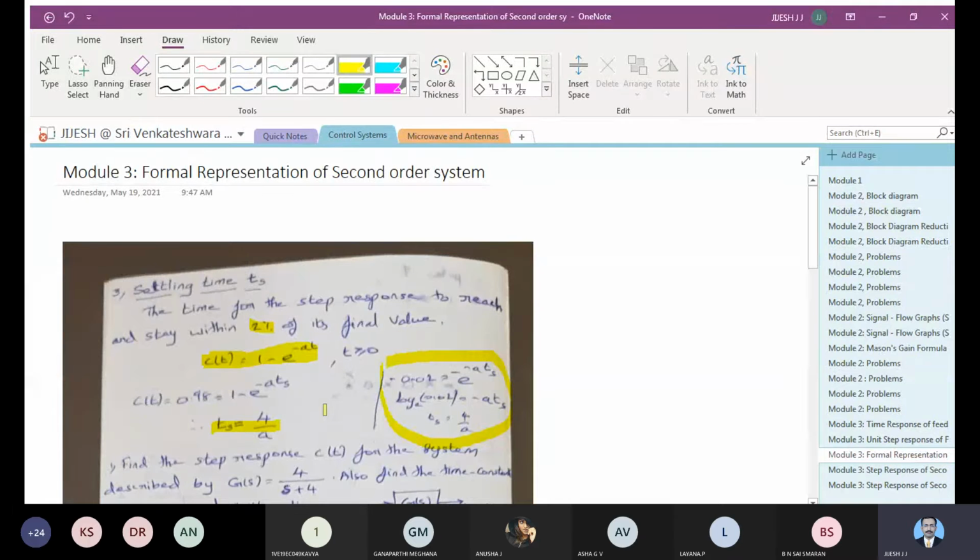So 0.02 is equal to e to the power of minus a Ts, and when you take the log of 0.02 it is equal to minus a Ts, which gives 4 by a. So here the settling time can be calculated using the equation Ts is equal to 4 by a.